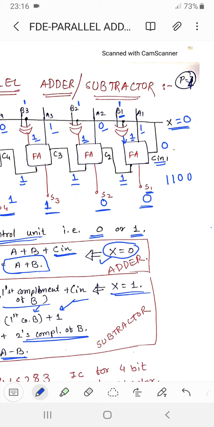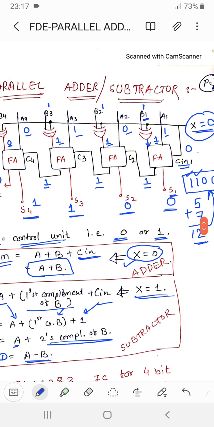Here we have added 5 plus 7, that is 12, and this is the binary number for 12 because it is 8 plus 4. So as I put x equal to 0, it gives me the parallel adder operation.